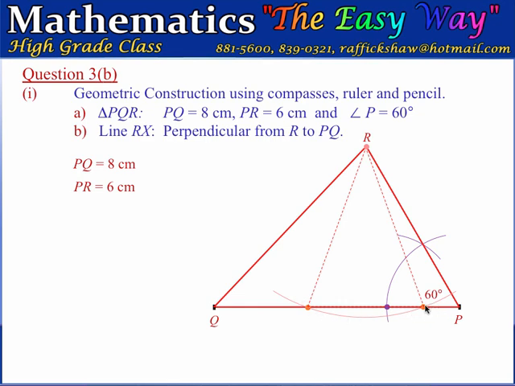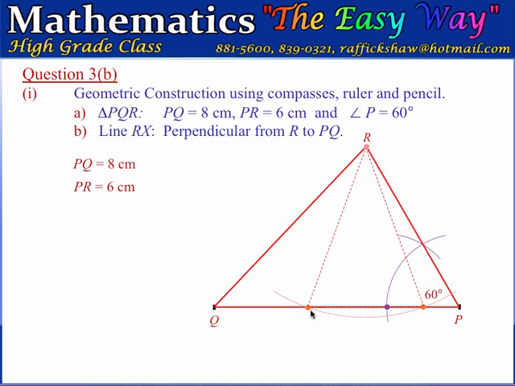Also, we could look at it as the arc of a circle. This would be the arc of a circle. This would be the center of that circle. And this line segment now will be a chord. And the perpendicular bisector of a chord of an arc of a circle will pass through the center.